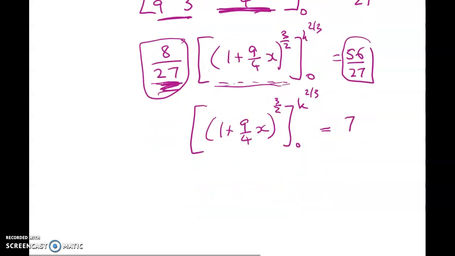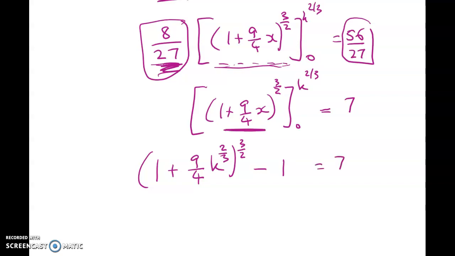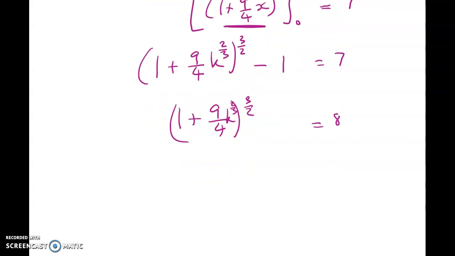So we get to this, and now we start to substitute. So we've got 1 plus 9 over 4 k to the 2/3, to the power of 3 over 2, minus 1 to the power of 3 over 2, equals 7. 1 plus 9 over 4 k to the 2/3, to the 3 over 2, is equal to 8, adding 1 to both sides. Now we're going to slowly undo.